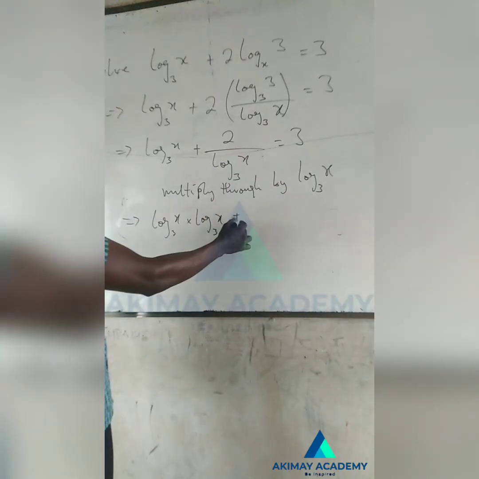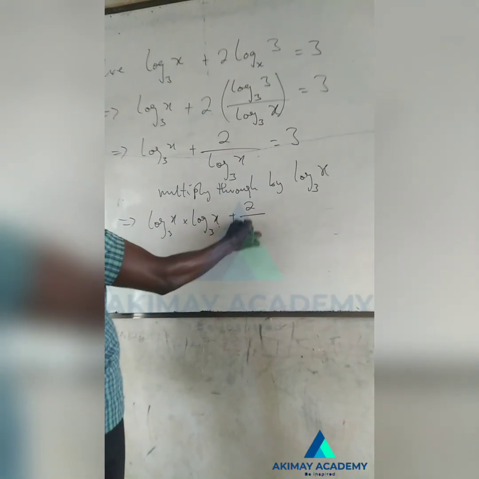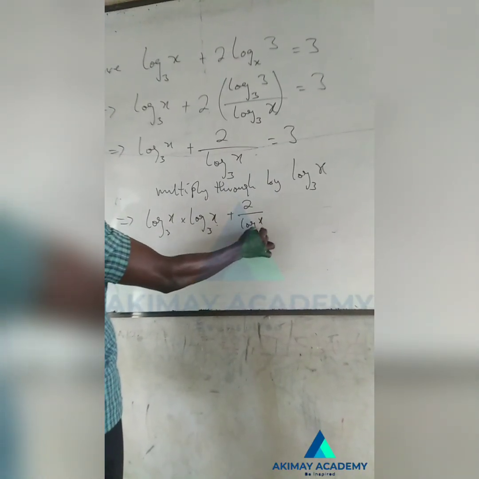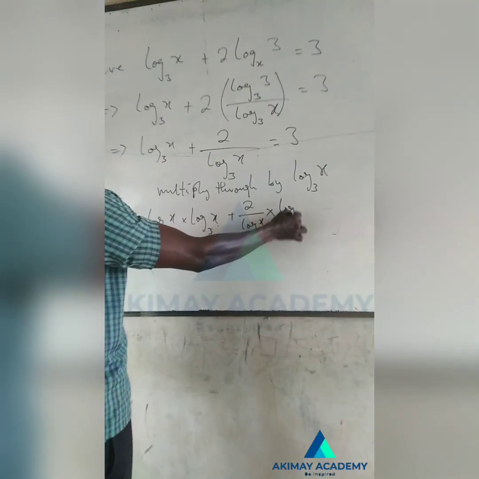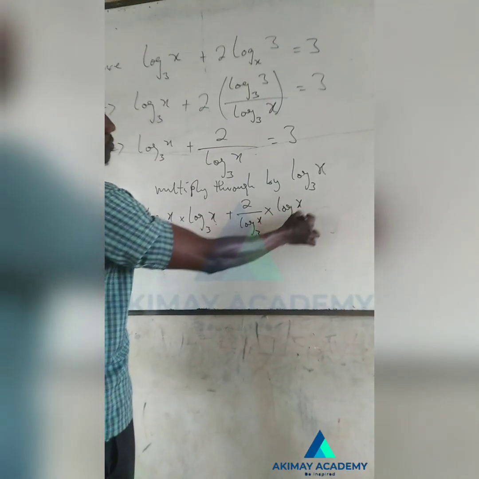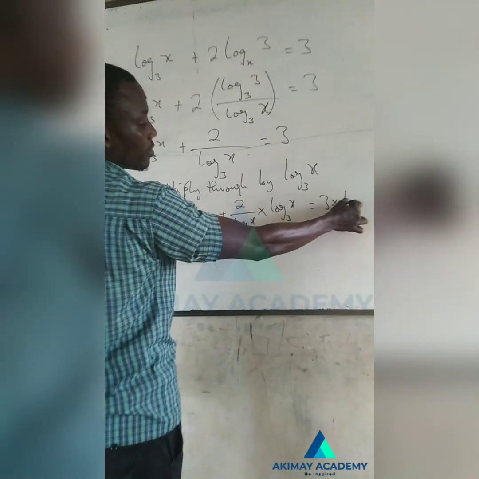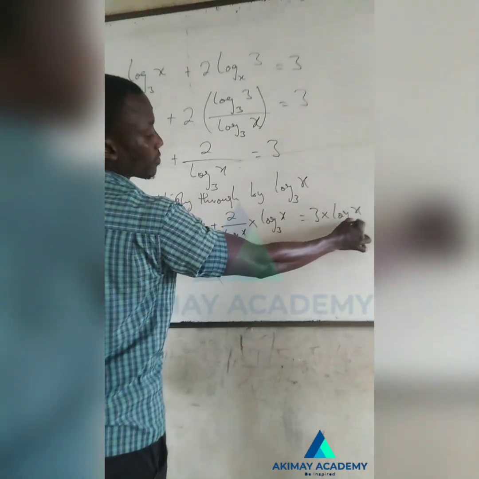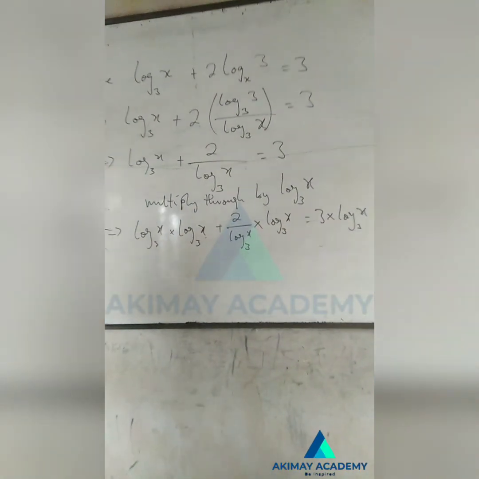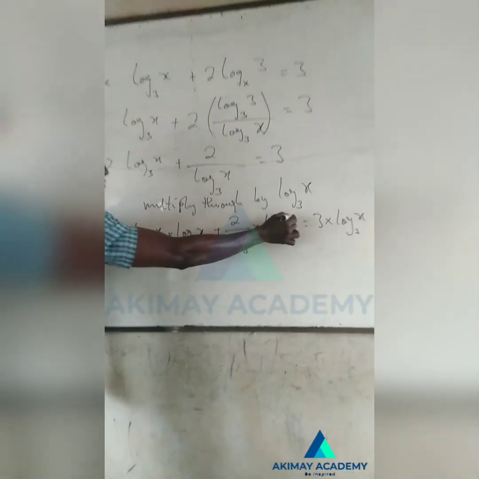So here we also have log 3. So the 3 we multiply by log x to the base 3. Okay. So you can see that this one will take care of this.